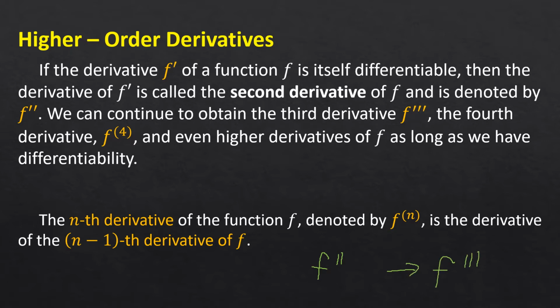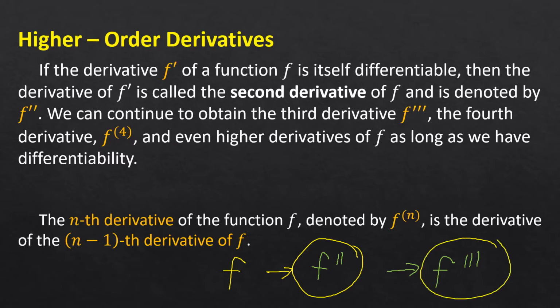Ang pagkakaintindi dito is, itong third derivative ay ang first derivative ng second derivative of f. So from f, kinuha mo ang second derivative, bibigyan ka ng f double prime. Ang f double prime, differentiate mo ulit, bibigyan ka ng third derivative. Pero ang pagkakaintindi sa third derivative, it's itself the third derivative of function f, but that is understood as well as the first derivative of the second derivative of f.